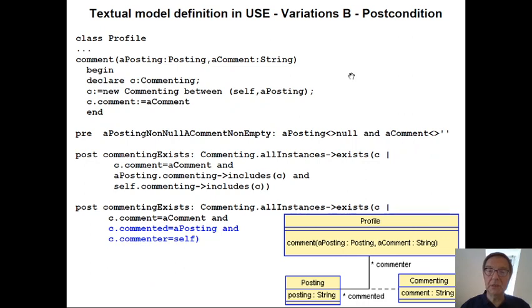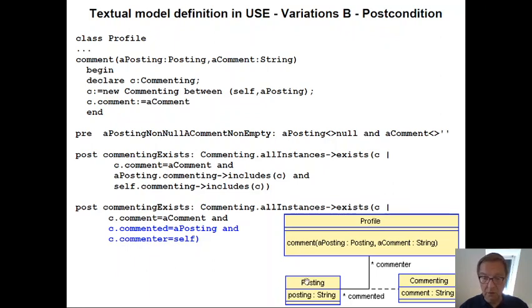The second variation concerns also an operation contract, a pre- and postcondition. This was the postcondition in the model, where we have a postcondition for the operation comment. The class profile has an operation comment, and comment can be used to state a comment for an already existing posting.